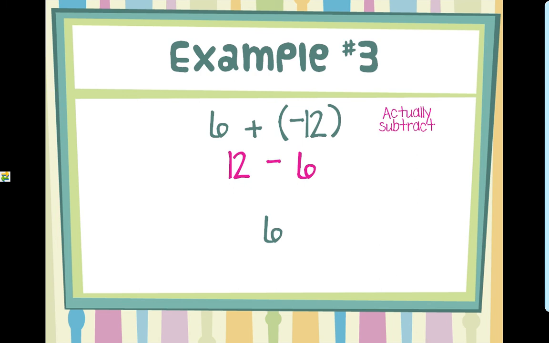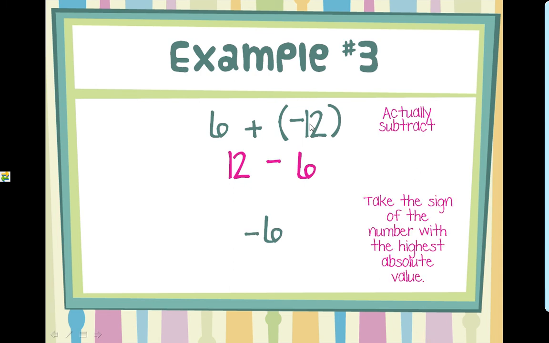You can also look here, whenever you pretended there were no signs, and think of this as your absolute value. Our 12 is our bigger number with absolute value, and it is a -12. So our answer is going to be negative. Take the sign of the number with the highest absolute value.